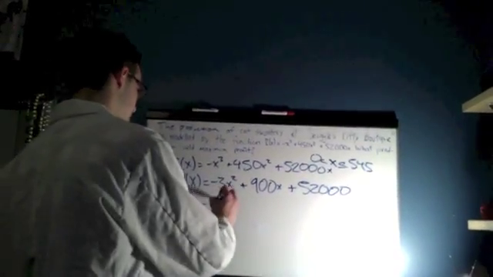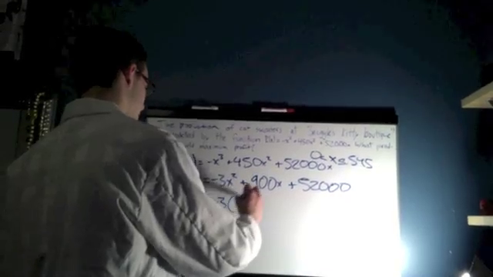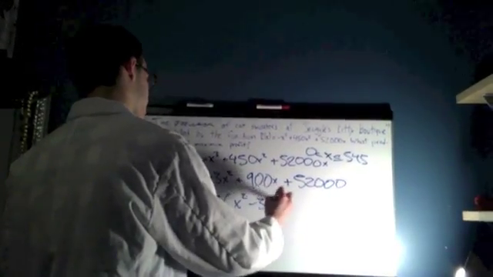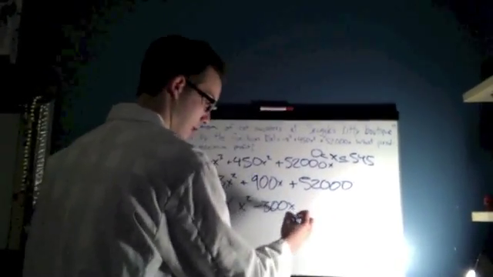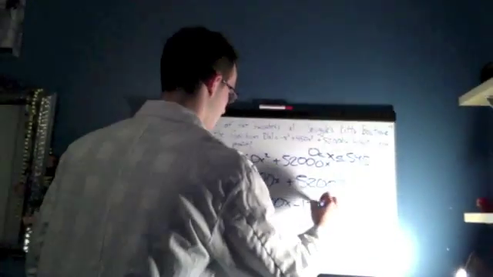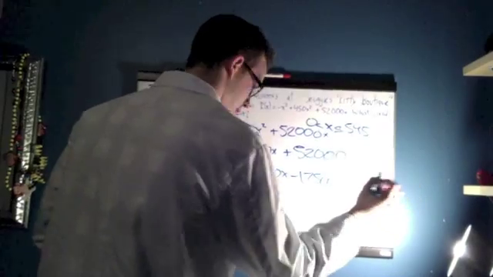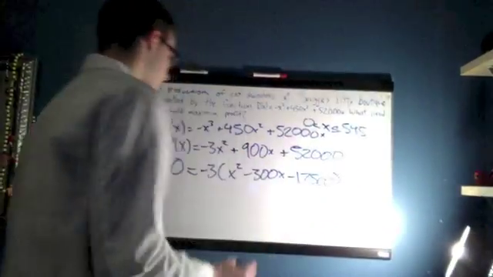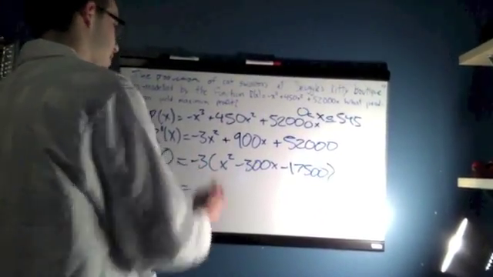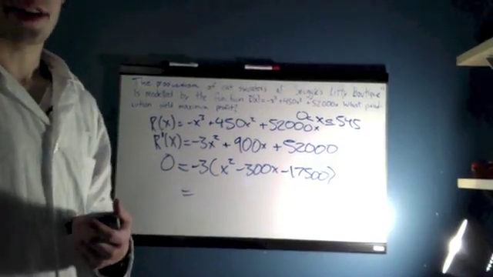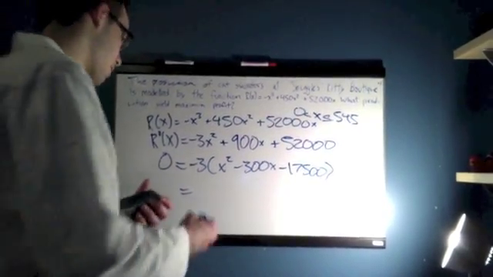So we can factor out a negative 3. We'll just leave this with x squared minus 300x minus 17,500. And then we just factor the inside the same way we factored the inside of the previous function, through simple factoring.